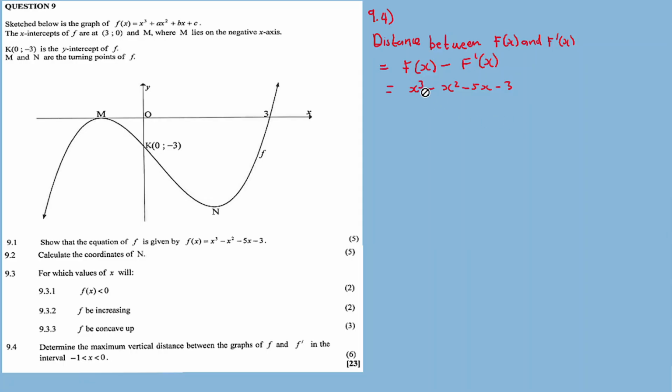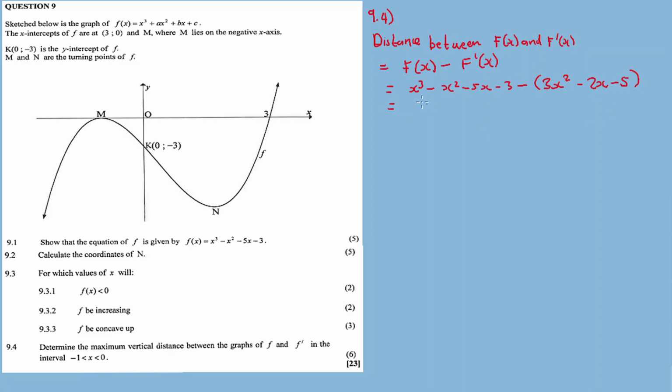So this is x cubed minus x squared minus 5x minus 3, f of x, subtracted by f prime, which we found in the previous question, the first derivative, so it's 3x squared minus 2x minus 5.